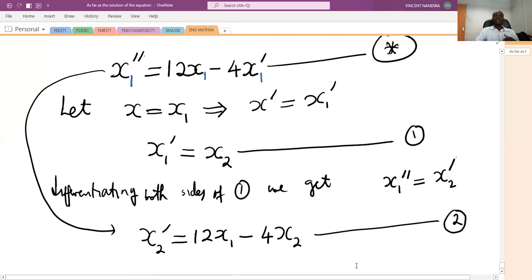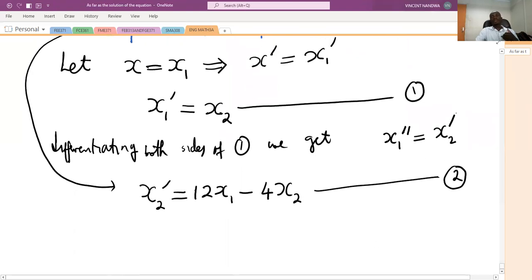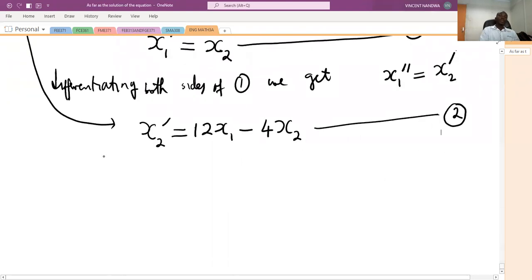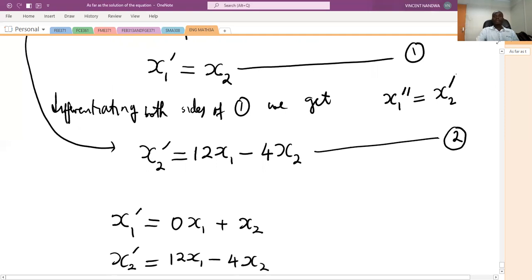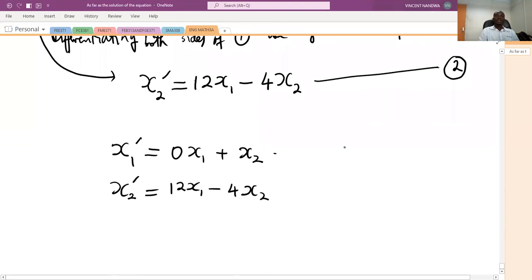Now, equation 1 and equation 2 are actually first order differential equations. So equation 1 can be written as x1 prime equals 0x1 plus x2, and equation 2 can be written as x2 prime equals 12x1 minus 4x2. Remember, this is still equation 1, and this is the same equation 2.